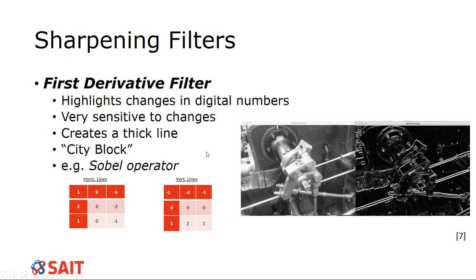It's very sensitive to the changes though, and it creates a thick black line. So you can see here a really thick line where we're seeing changes between the two edges, but you can still really highlight the edges of what we're seeing. The thing is that this is considered a city block.